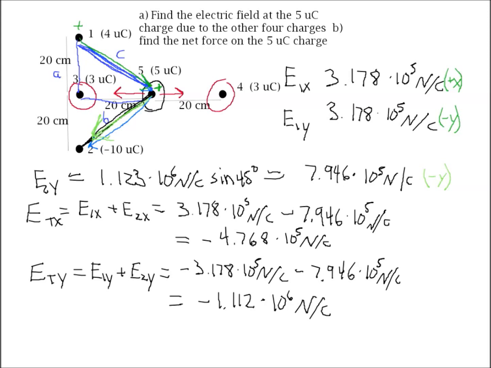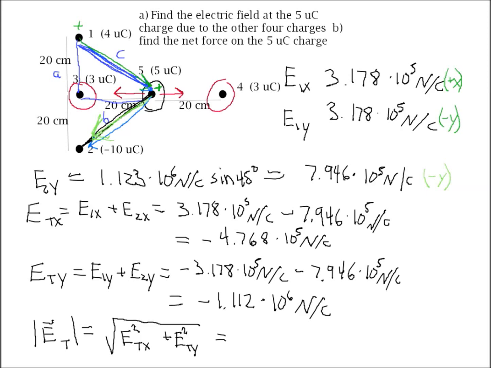We're finally ready to find the magnitude of the total electric field. The magnitude of the total electric field will just be using the Pythagorean theorem for the total x component and the total y component of the electric field, since the total electric field is the hypotenuse of the triangle that's made with E_TX and E_TY.